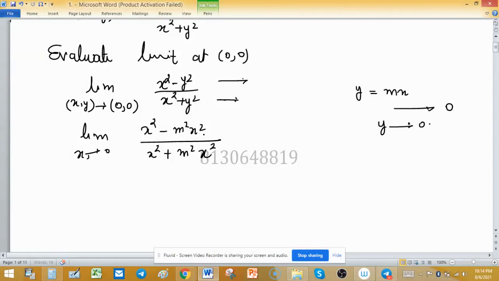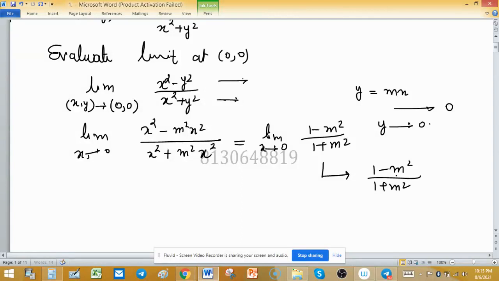From this you can take x square common from the numerator and denominator, and the remaining term will be free from x. So it can be written as the limit as x tends to 0 of (1 minus m square) divided by (1 plus m square). The limiting value will be the same because this expression is free from x, so there is no effect of x.